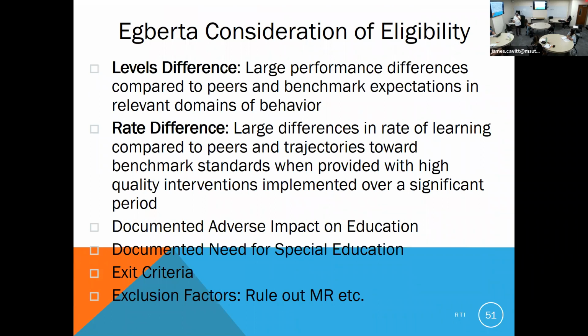A full individual evaluation. What we have is that she's not making progress. She needs specially designed instruction. There's significant need. The need for special education or specially designed instruction is there for the student.